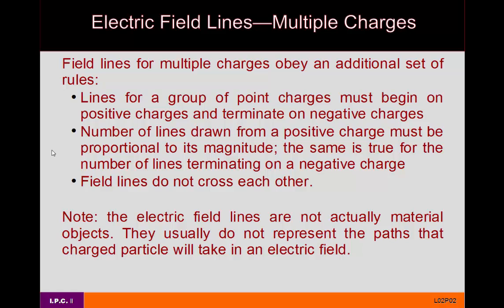All right, what happens if we want to actually draw the electric field lines for multiple charges? Well, we basically can follow the procedure described on the previous few slides, except that we move the point P around until we've got the field at quite a few different points, and then we just draw the field lines based on that.